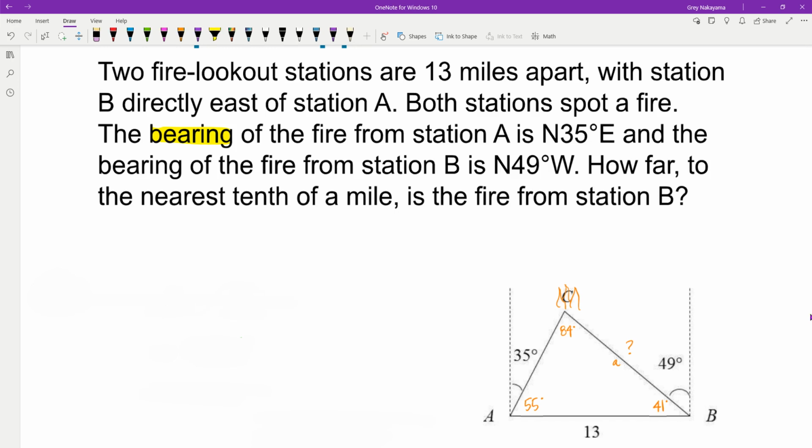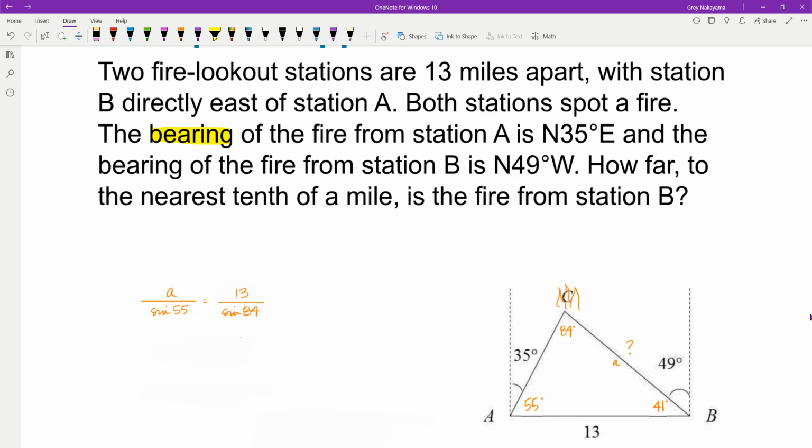Okay, so my proportion, I'm looking for little a, so I'm going to put that on top. Makes it easiest to solve. And the opposite a is 55, so a over the sine of 55 equals, the pair that I have is 13. Okay, 13 over the sine of 84 because it's opposite.